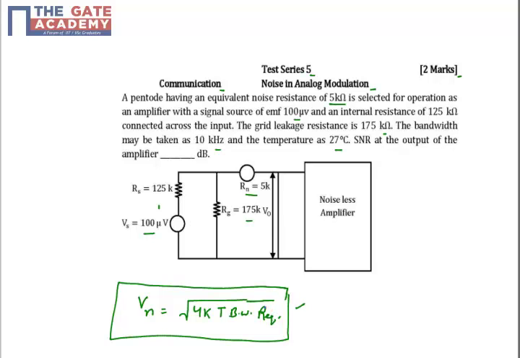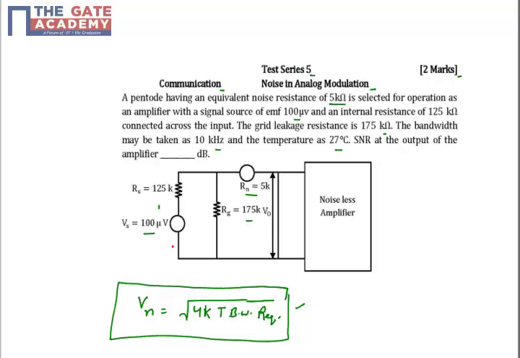This is the expression for the noise voltage. In this expression, k is the Boltzmann constant. The temperature is given as 27 degrees Celsius, and the bandwidth is given as 10 kilohertz. R equivalent is the equivalent input resistance.